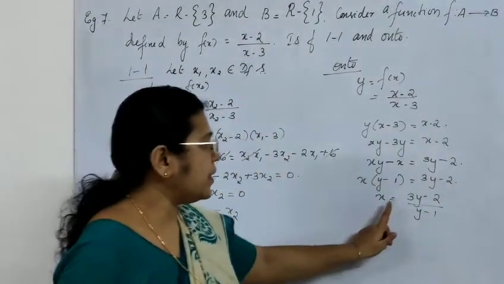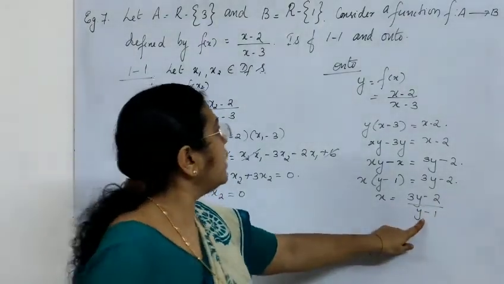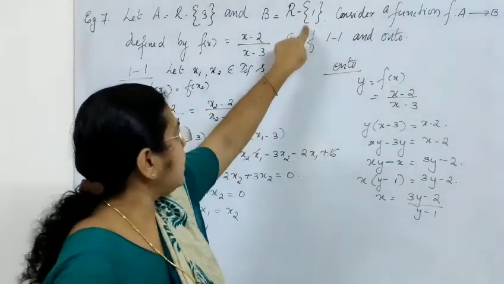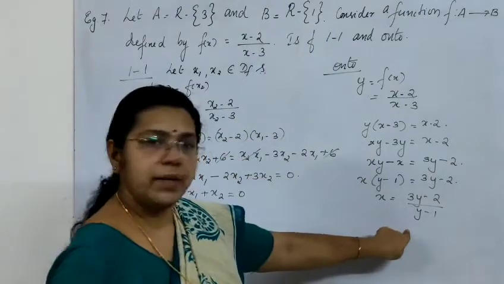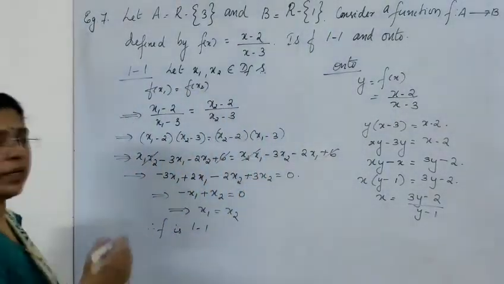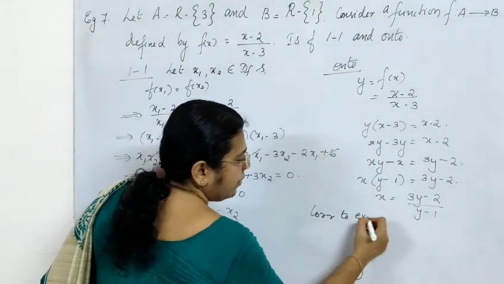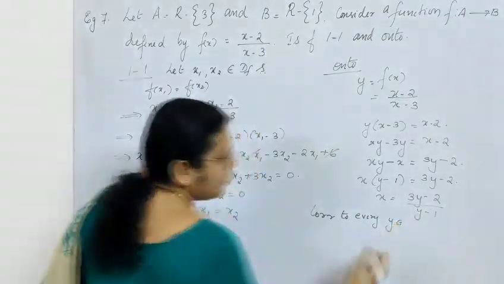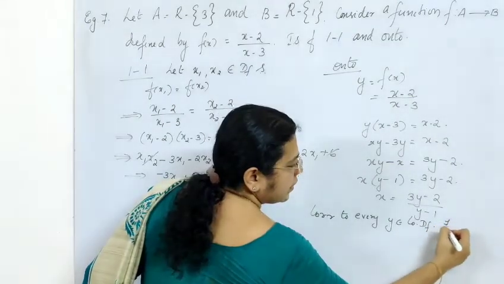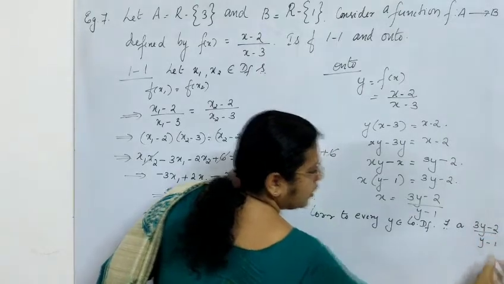Just listen, x is equal to (3y minus 2)/(y minus 1), and the value of y is never going to be 1, because y doesn't have a 1 in the set. Now, from this, what will you conclude?